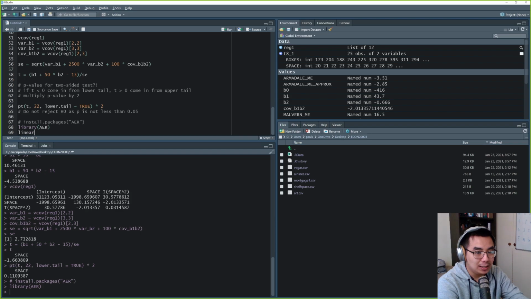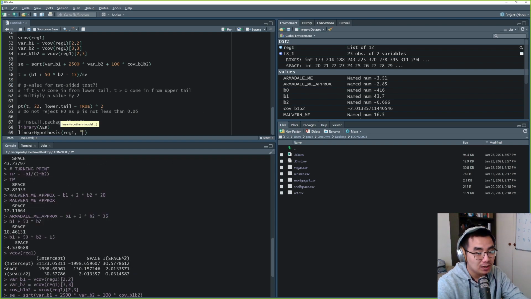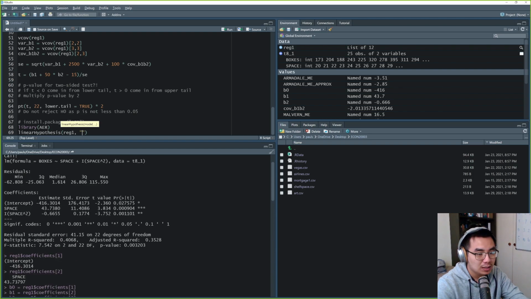And do the following: linearHypothesis. In the first argument, you put your regression model, which is reg1, comma, and then in quotes, you put in your hypothesis using these names here as the names of your parameters.